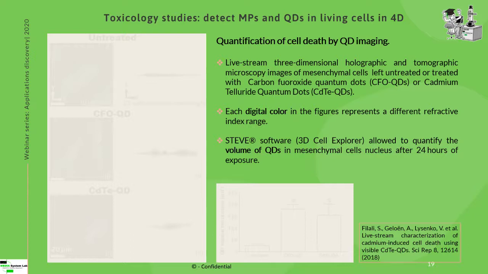And they were able to generate the 3D representation. But as I explained before, you can also make an approach where you can determine the volume of those quantum dots in the nucleus of the cell. So in the graph, you can see clearly that the volume of quantum dots per nucleus in this treated cell is much higher compared to the untreated.